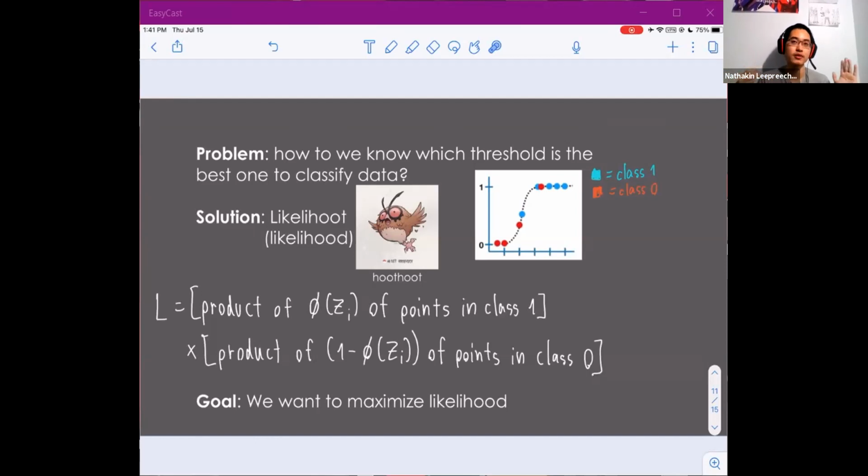That's the number you're going to use to measure how well it performs. That's going to be our likelihood.